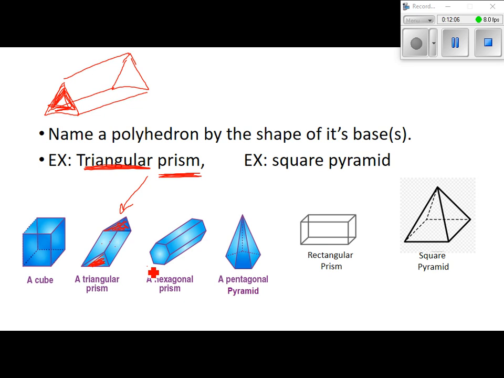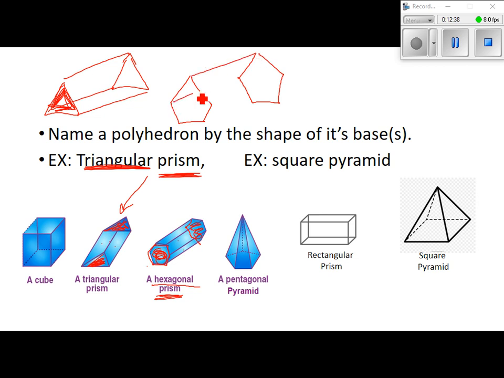This prism, we count the sides here, 1, 2, 3, 4, 5, 6. That's a hexagon. The other one down here would be a hexagon also. Those are the two bases. So it's hexagonal. All the other faces are rectangles, so it's a hexagonal prism. If we wanted a pentagonal prism, you've got a pentagon, and another pentagon.